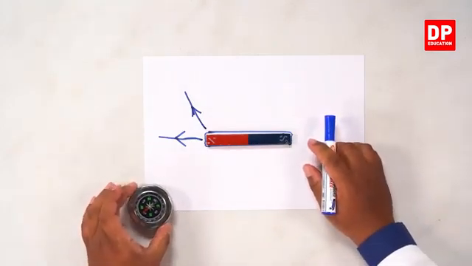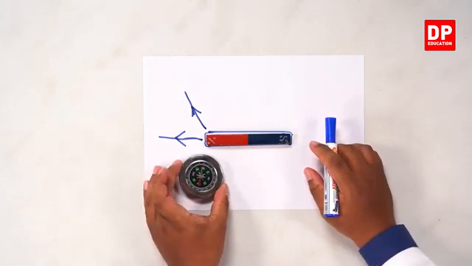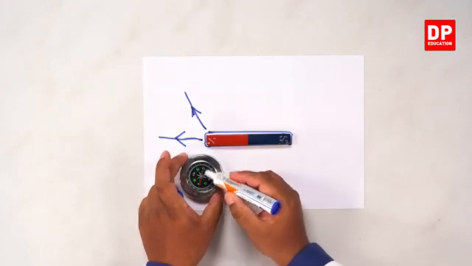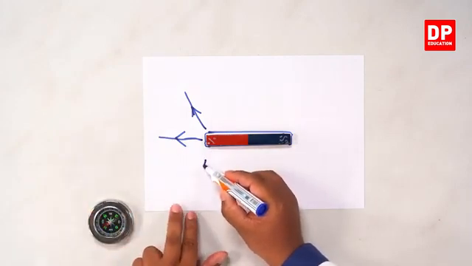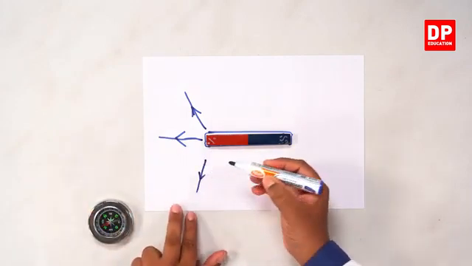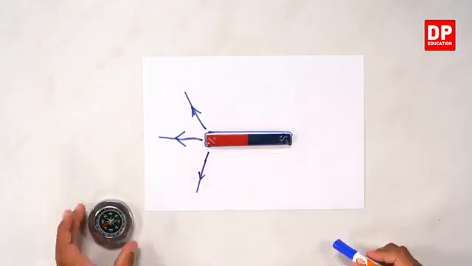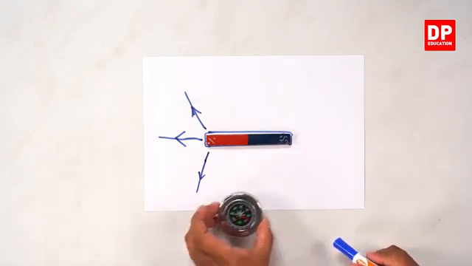Now I am going to keep the compass in here, and by using the red color terminal, I am going to draw out the position. See that? This direction. Okay. And once again, I am going to keep it in here.